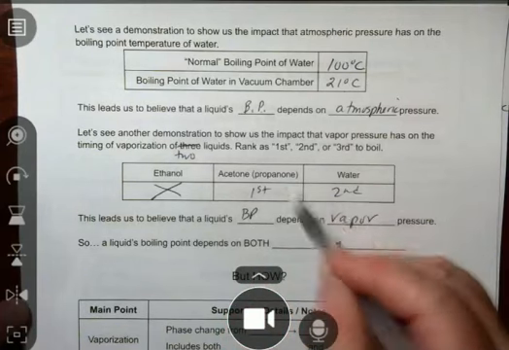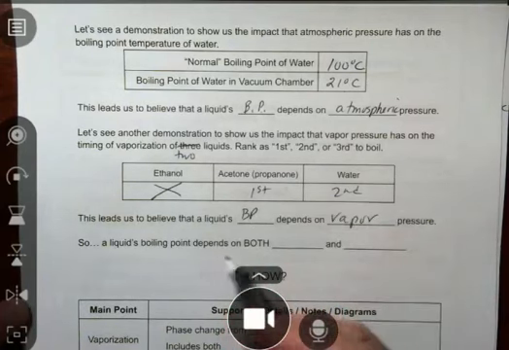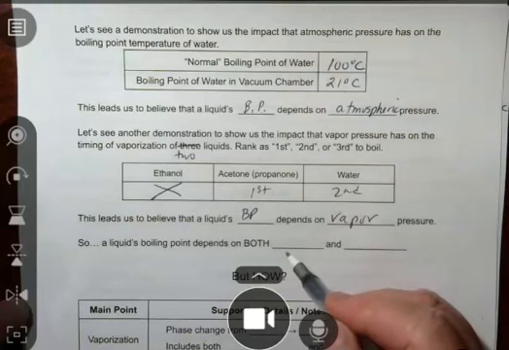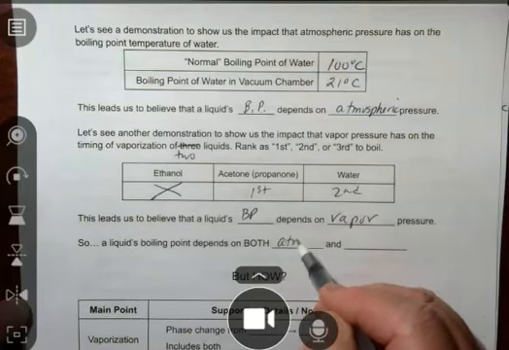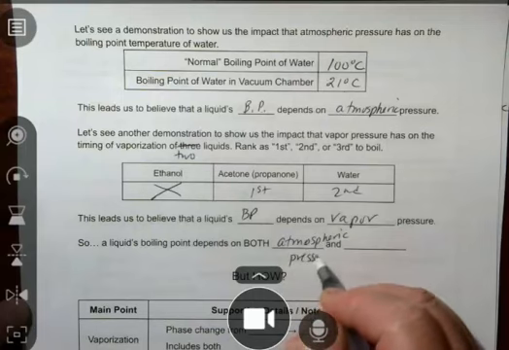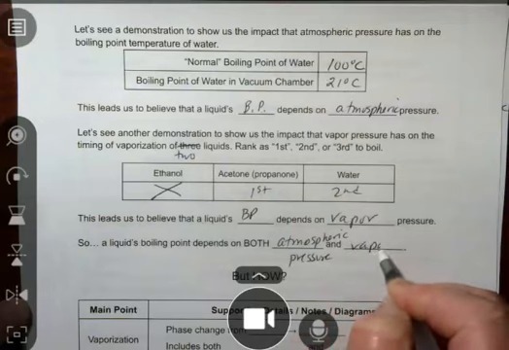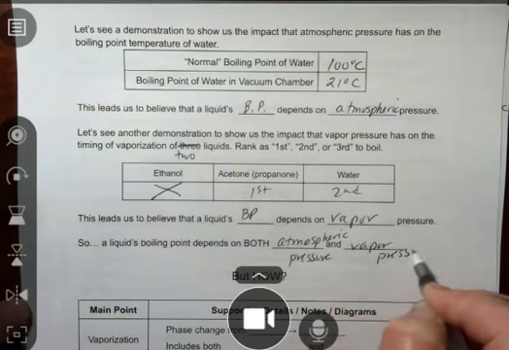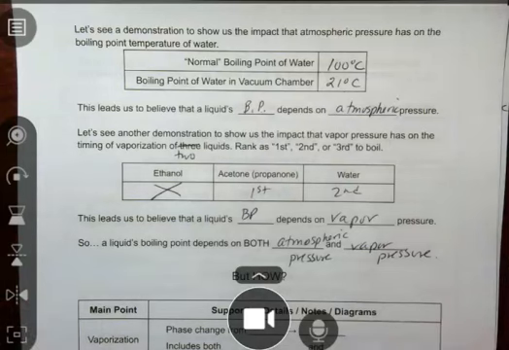Based on what we've seen, a liquid's boiling point depends on both atmospheric pressure and vapor pressure. But how?